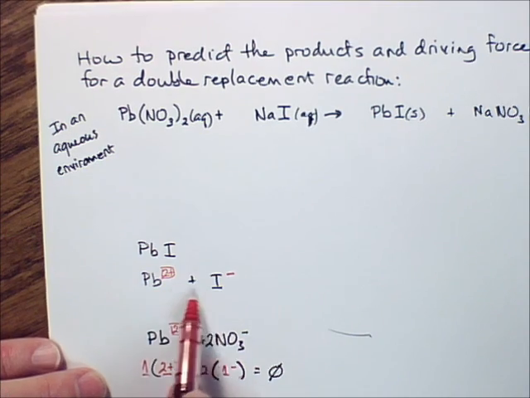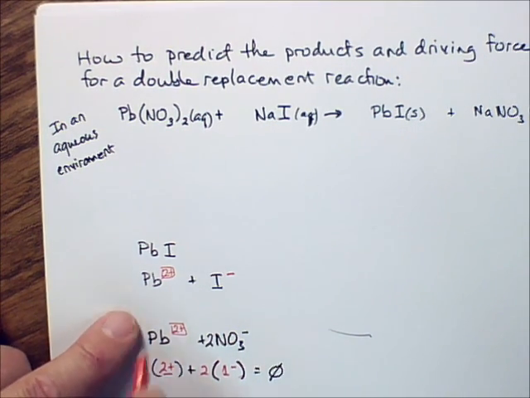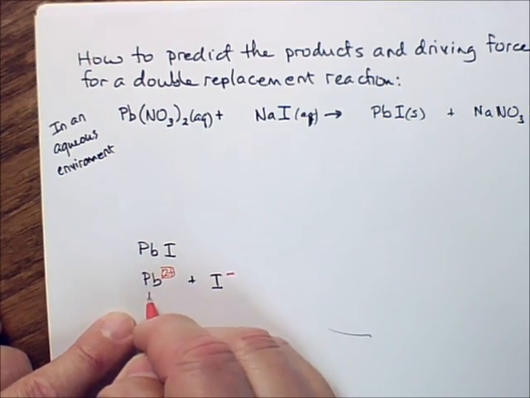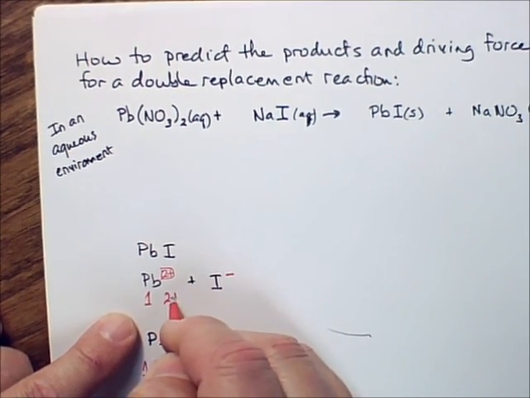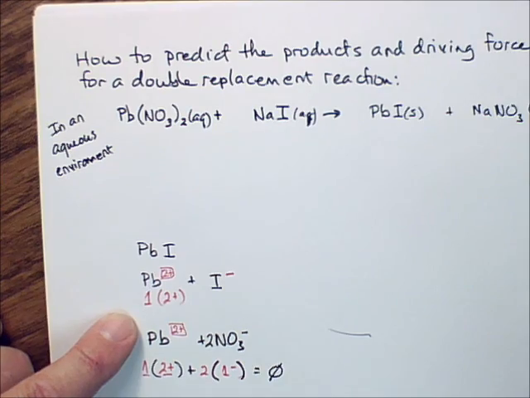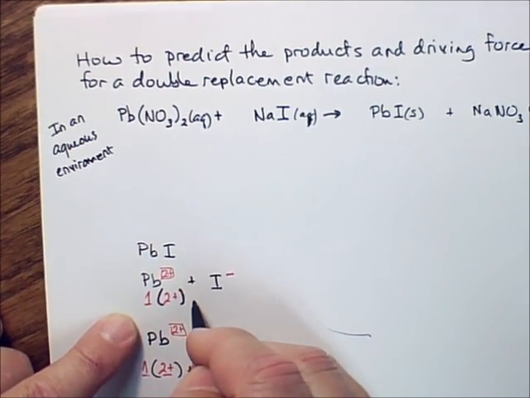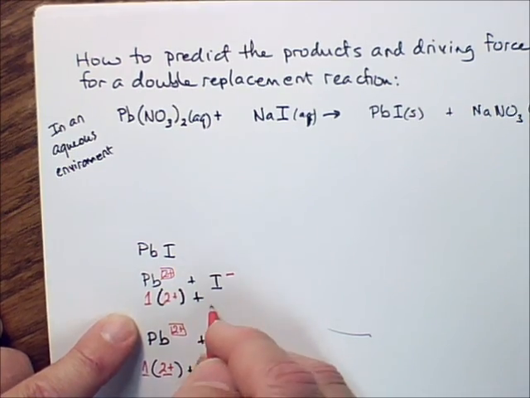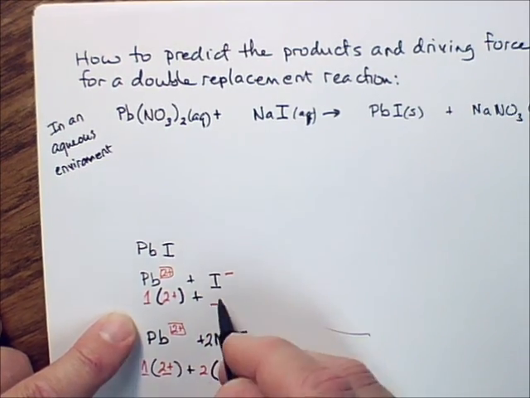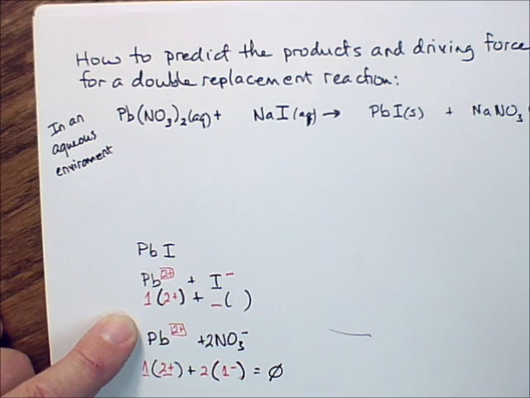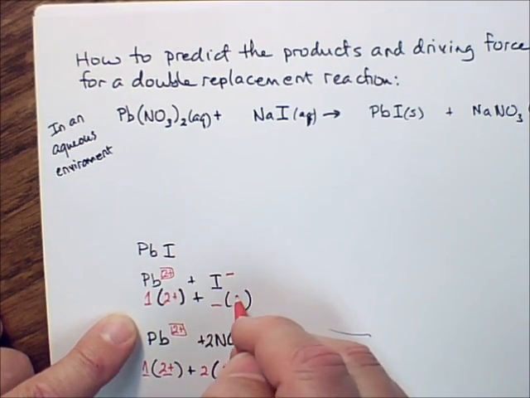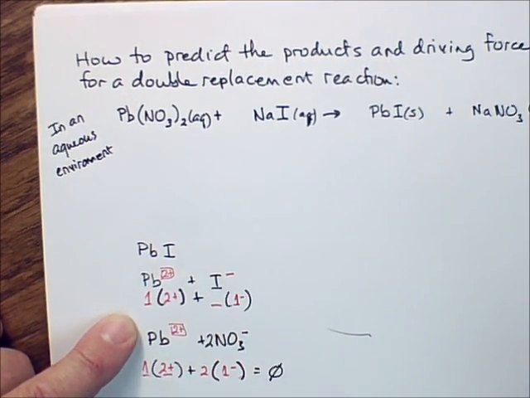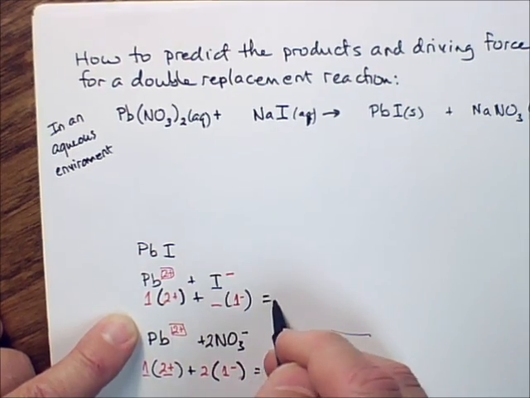Now we've got to figure out how to balance the formula. Well, if we have a 2 plus charged particle, and we're putting that together with some unknown number of 1 negative charged particles, we want this equation to work out to be 0.